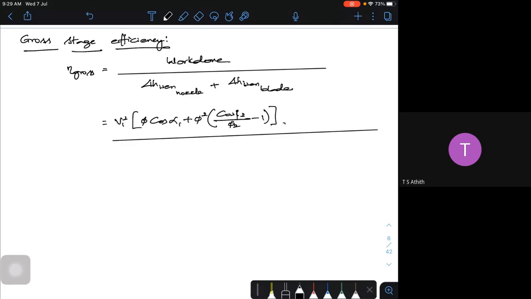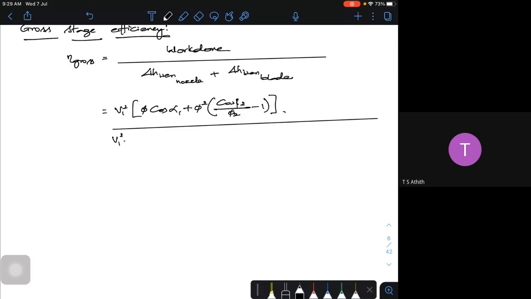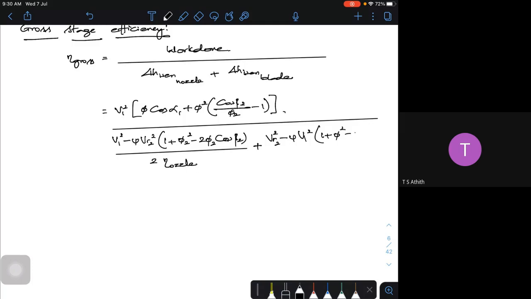Then what is your isentropic enthalpy drop? That is for the nozzle: V1 square minus psi into VR2 square into 1 plus phi 2 square minus 2 phi 2 into cos beta 2, divided by 2 times your nozzle efficiency, plus for the blade, VR2 square minus psi into V1 square into 1 plus phi square minus 2 into phi into cos alpha 1, divided by 2 times your blade efficiency.